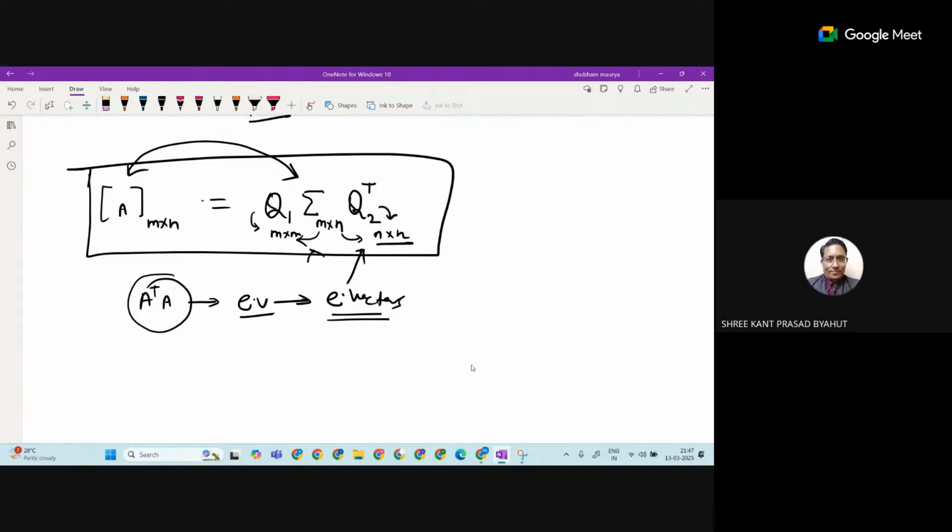So be sure of this: if you are doing A transpose A, we'll use its eigenvectors to form Q2. The eigenvectors V1, V2, V3, whatever they are, you write as columns. This will be your Q2, after normalization. Whenever you find eigenvectors, by default you have to do the normalization. Then what is Q1?